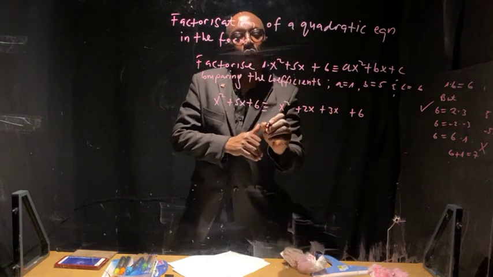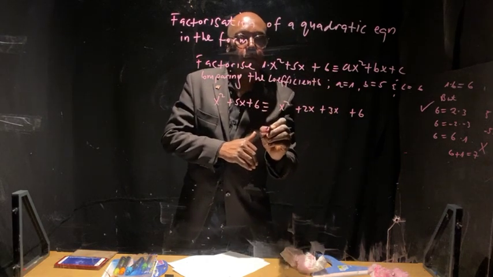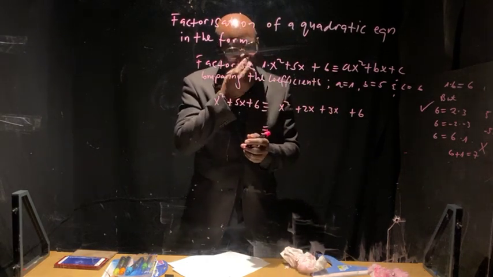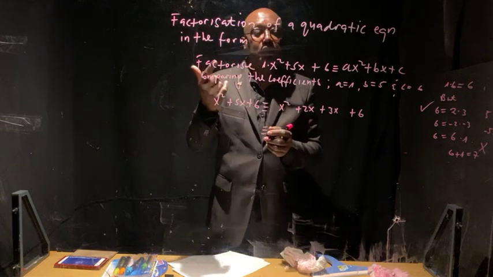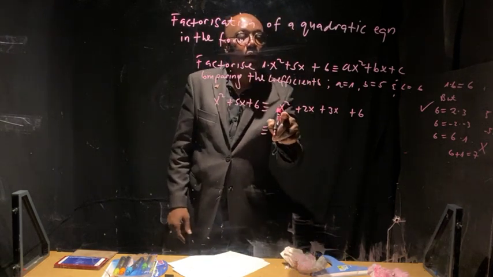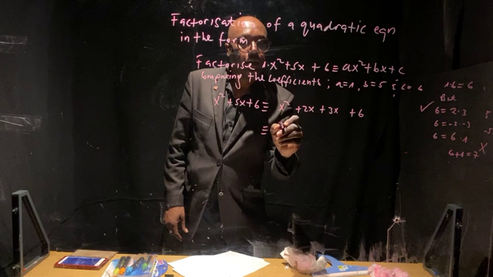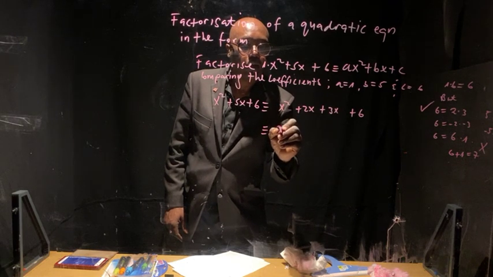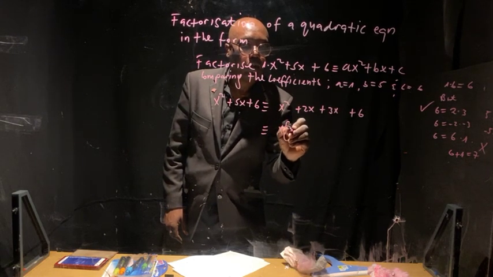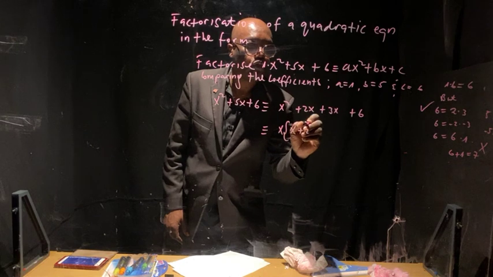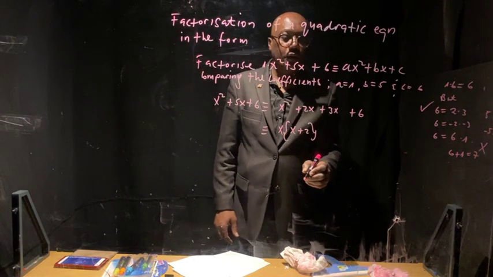So we are going to apply the factorization that we practiced previously. This one and this one, I can factorize x outside. So it becomes x plus 2. Good.